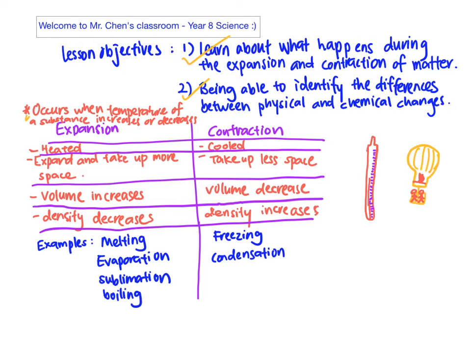So this is exactly what happens in a substance. Expansion only happens when it is heated, while contraction happens when it is cooled. When it is heated, that means you are giving it heat energy. You're giving them energy, they become more active. They're literally bouncing off the wall.